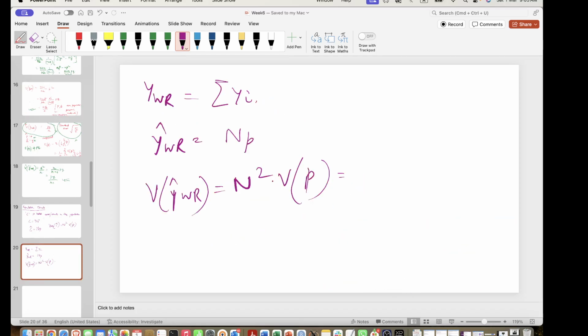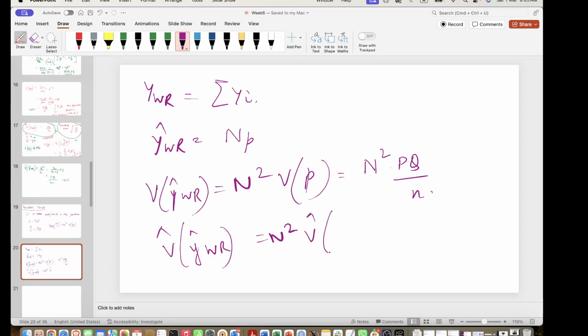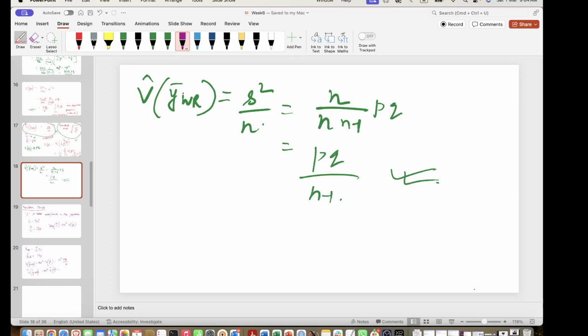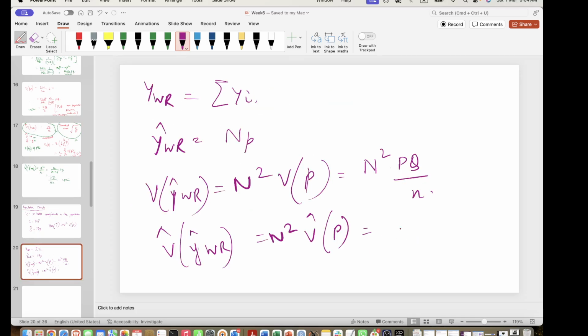PQ by small n. So this was N square into PQ by small n. And variance hat of Y hat WR will be N square into variance hat of p, and that is N square into PQ by n minus 1.